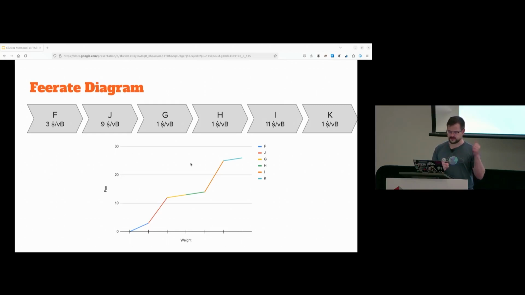Also, earlier I said that RBF rules, as we have them right now, are not always going to create the most incentive-compatible outcome. So we might accept sometimes a replacement that actually doesn't lead to a better block template, or not accept a replacement that would lead to a better outcome. But with the fee rate diagram, it becomes much easier to compare replacements.